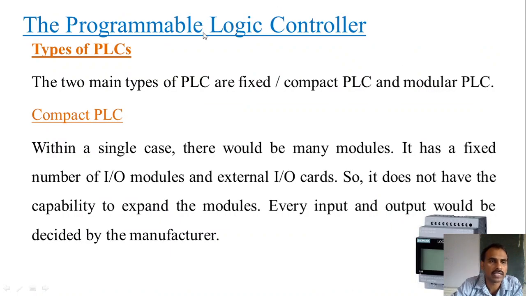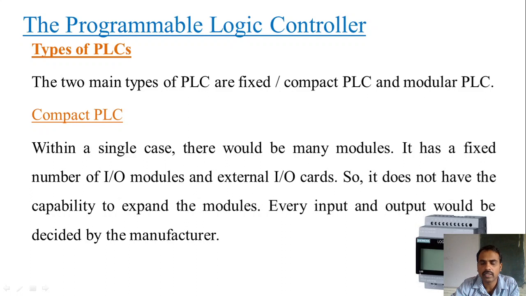Here we will see types of PLCs. There are majorly two types of PLCs. One is a fixed or compact PLC, and the other one is a modular PLC. You can see here how a compact PLC looks. In a compact PLC, everything will be in one single module, that is, the input output modules and the CPU.